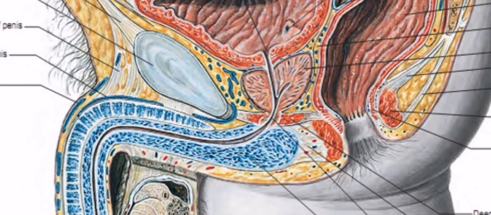The prostate is connected to the posterior aspect of the pubic bones by the puboprostatic ligament. Posteriorly, the prostate is closely related to the anterior surface of the rectum, separated from it by the rectovesical septum or the Denonvilliers fascia.